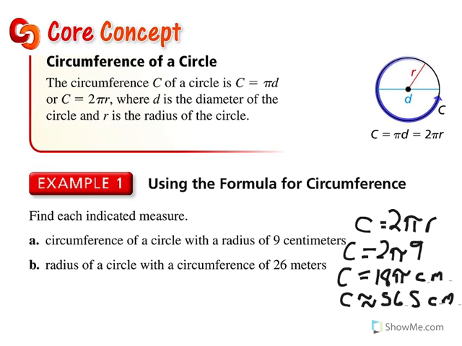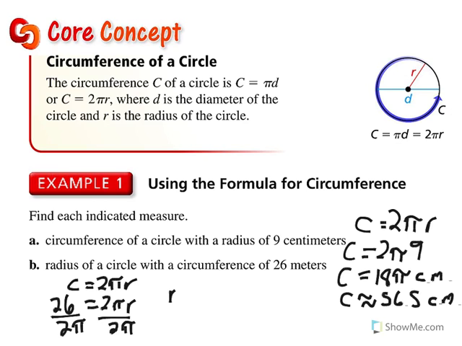In B, it tells us we want to find the radius of a circle. So we're still going to use C equals 2 pi r, because we're still doing radius. Okay, but now we need to plug in circumference instead. So we're not looking for C. We actually know C is 26, and so we're going to solve for our r. Okay, so to get r by itself, I'm going to divide by 2 pi.